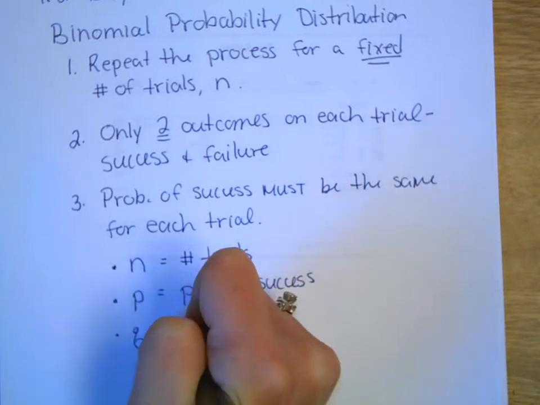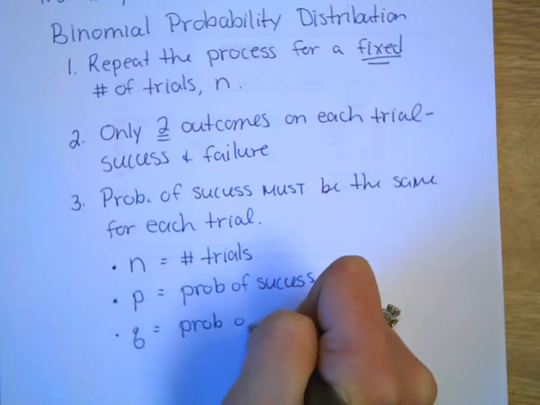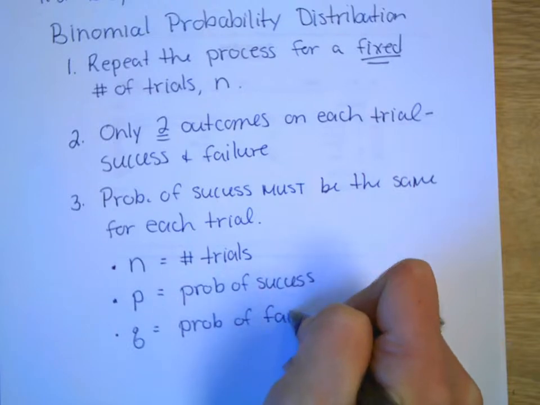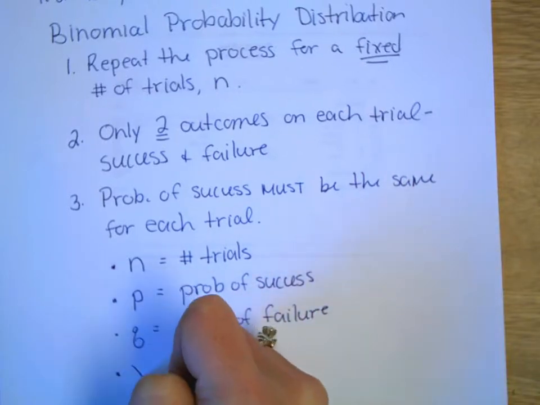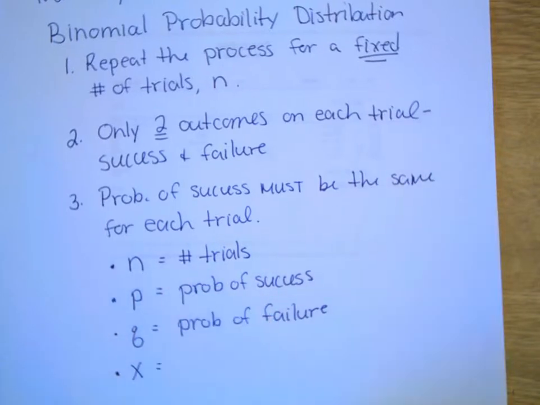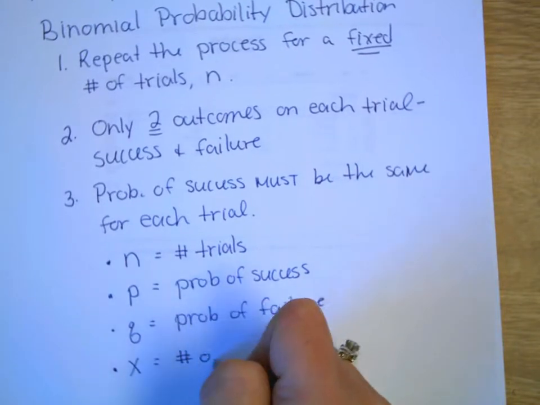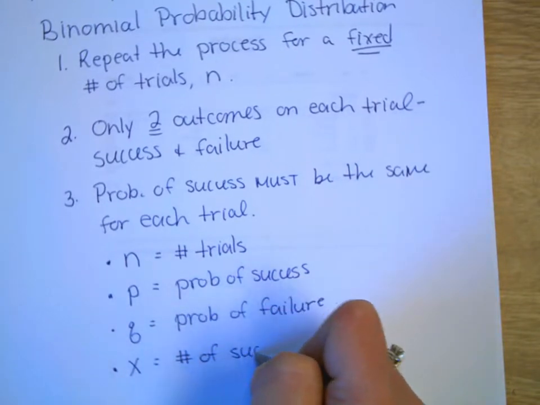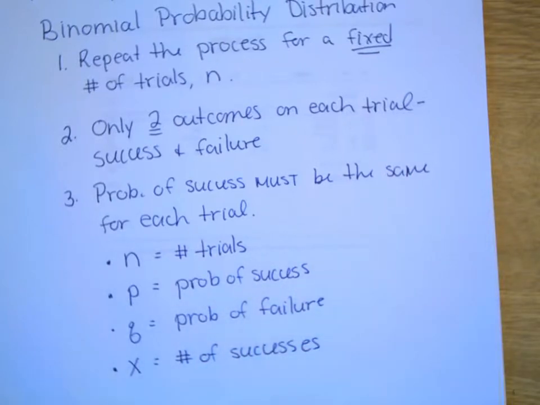Q is going to represent the probability of failure. And X is going to count the number of possible successes, the number of successes that you have.